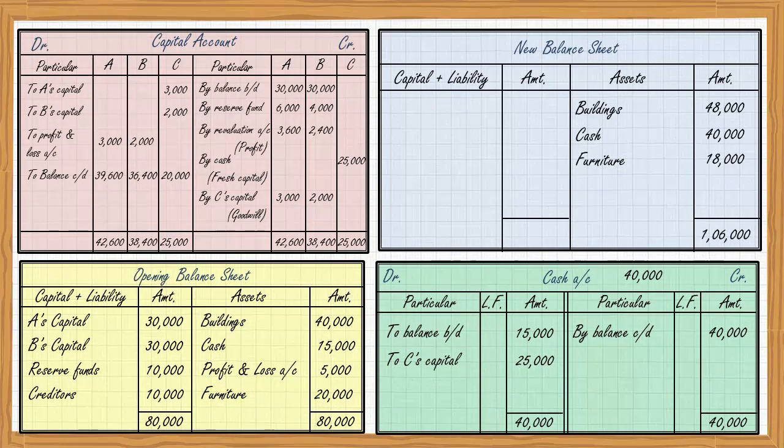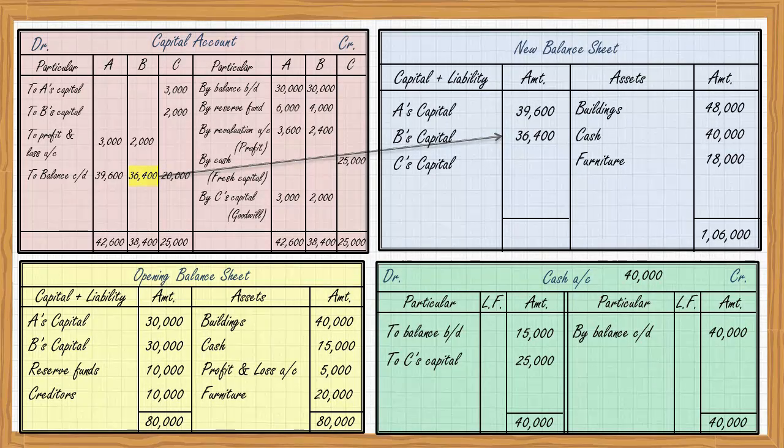On liability side, we'll write down the capital accounts. Previously there were only two partners, A and B, but now there are three partners, A, B, C. So we can take all the closing balances from the capital accounts. A's closing balance was 39,600, B's closing balance is 36,400 and C's closing balance is 20,000 rupees.